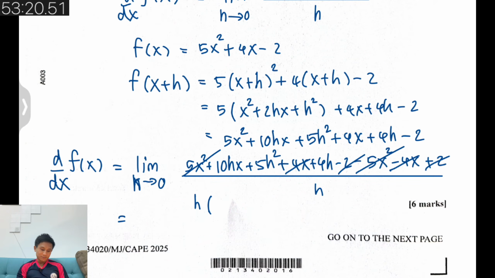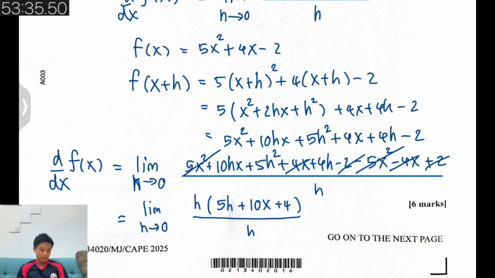I'm going to put 5h first, then 10x, and then 4, divided by h. Now do you see that the h can also cancel? Now you can substitute h to 0, so you're going to get just 10x plus 4.